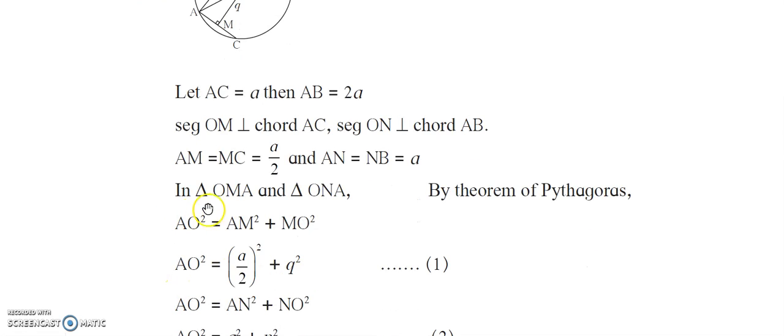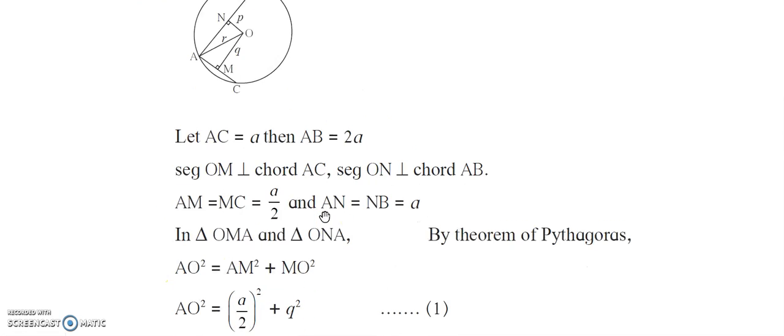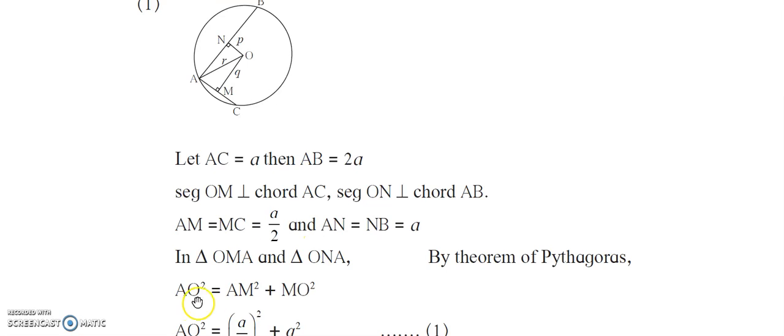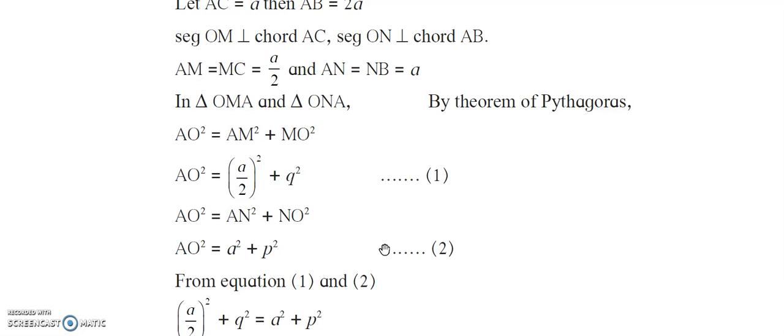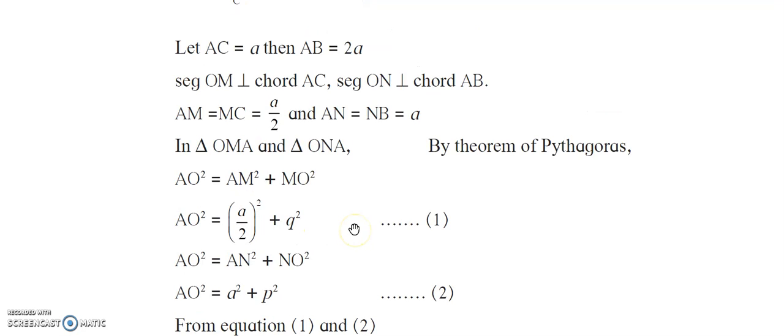Now in triangle OMA, AO square is equal to AM square plus MO square, substituting the value, that is equal to (a upon 2) whole square plus q square. Next, AO square is equal to AN square plus NO square.